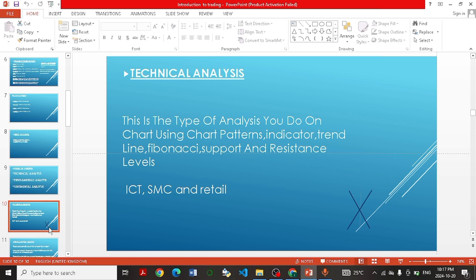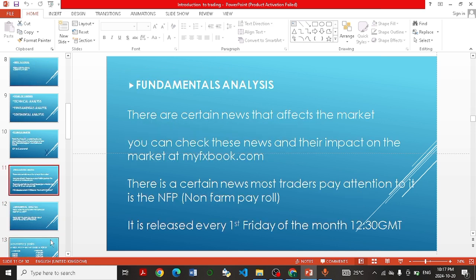It is you analyzing the naked chart by yourself, drawing patterns or looking for certain things on the chart to make you take a decision in the market. That is you doing your analysis technically with certain things you are seeing on the chart by yourself. Now on to the next one, fundamental analysis.